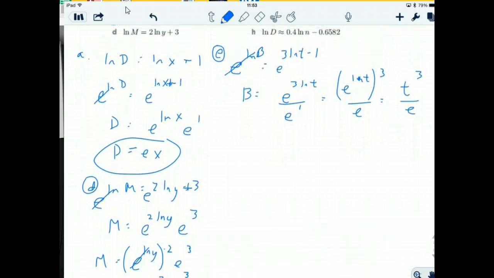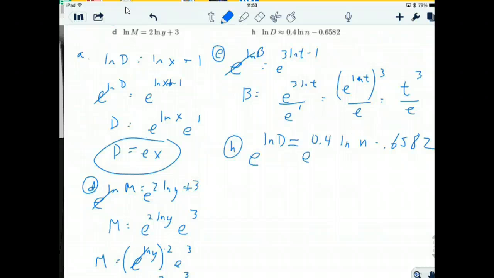Let's see, and H. So natural log of d is approximately equal to 0.4 natural log of n minus 0.6582. So what we're going to do is take e to that power and e to that power, still equal. e to the log d is the same thing as d. e to this is equal to e to the 0.4 natural log of n divided by e to the 0.6582.